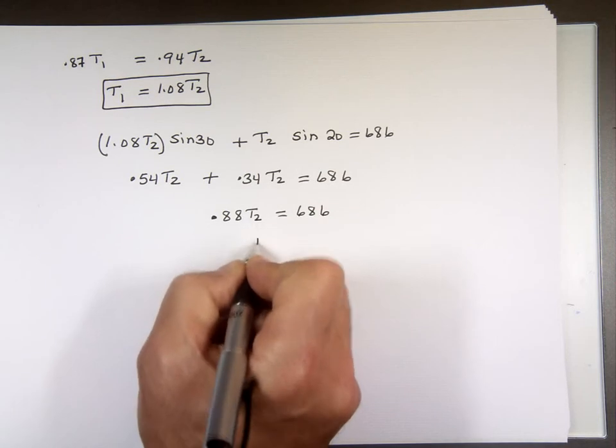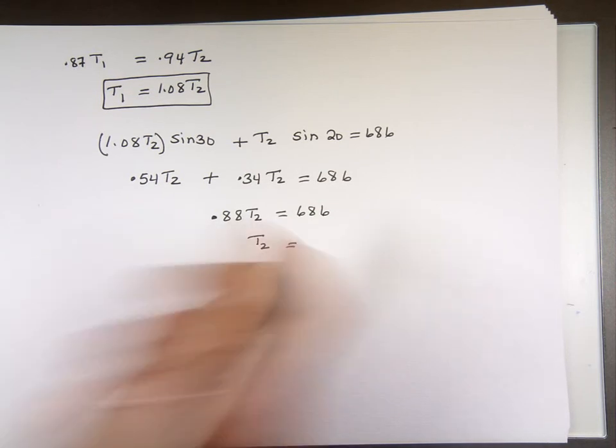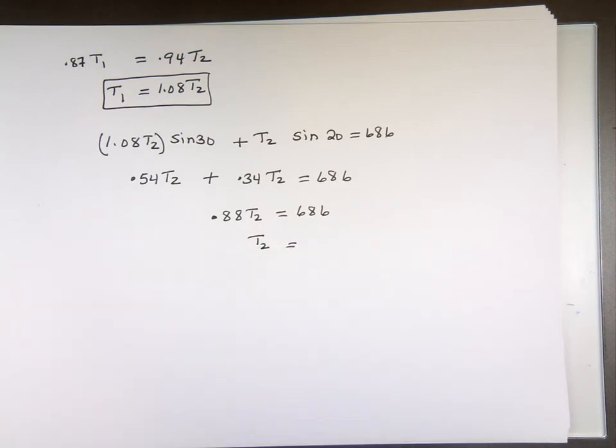What's T2 equal to? 686 divided by 0.88. 779.5. 780.